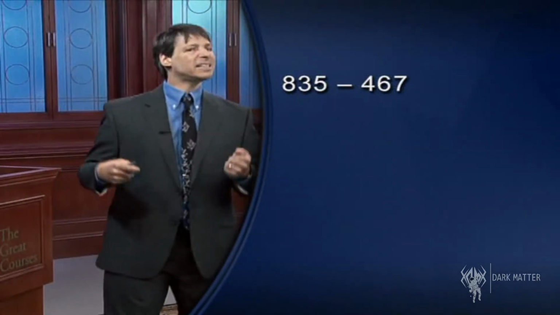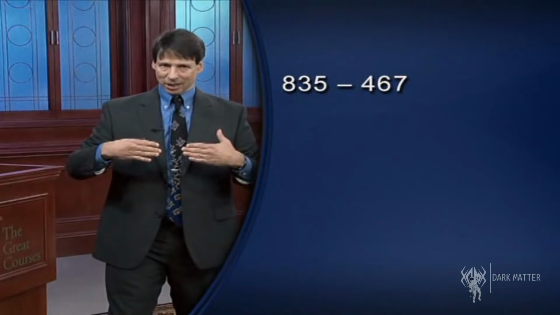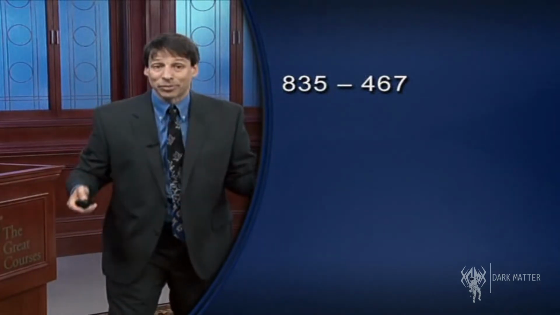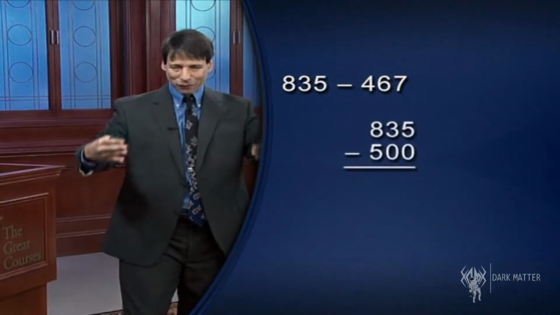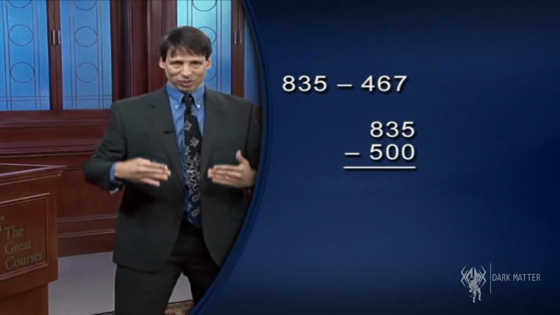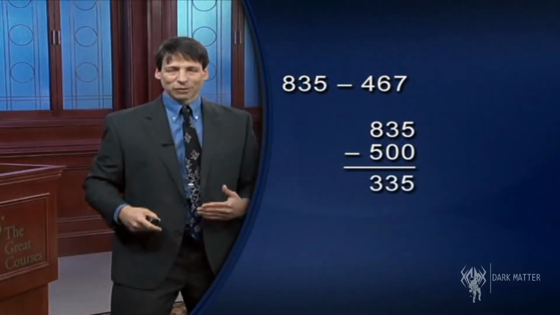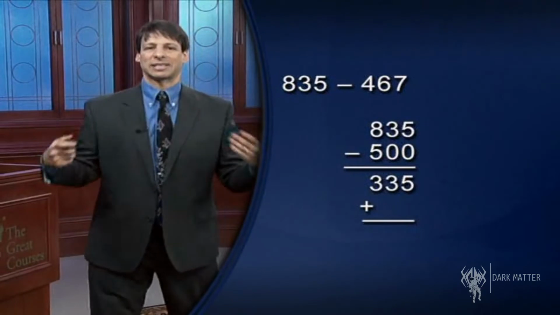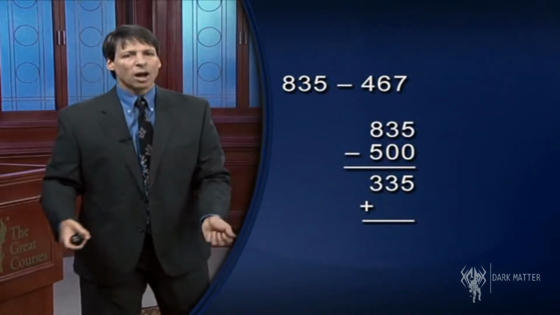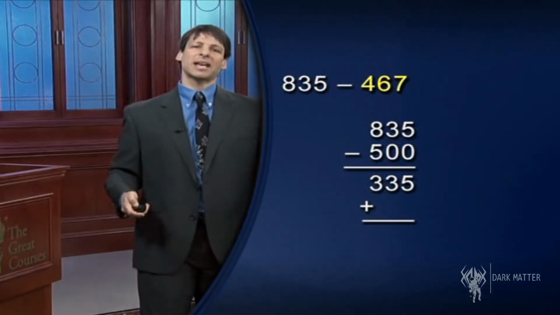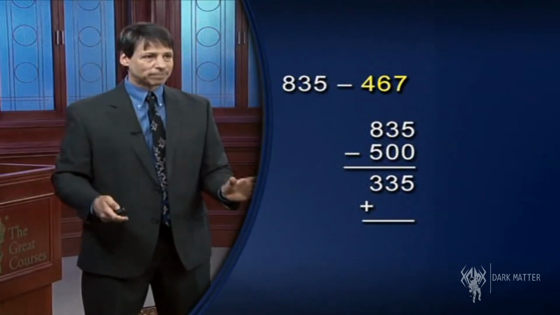Okay, now let's go back to our original problem, 835 minus 467. Since 67 is bigger than 35, I'm going to do this problem by subtracting 500, then adding back something. 835 minus 500 is 335 plus something. Now, what is that something? Well, how far is 467 from 500?